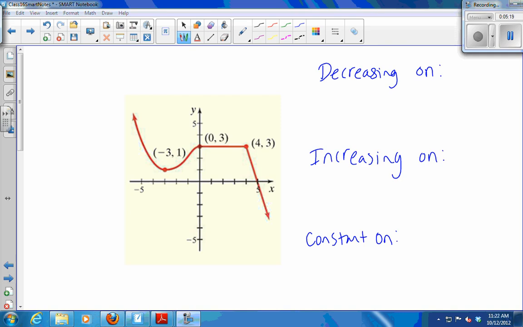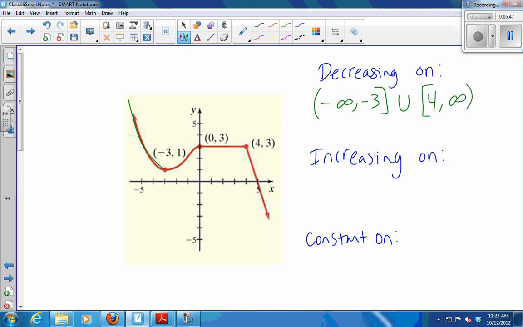Okay, where is this function decreasing? Negative infinity to negative 3. Yep. So this part of my function is decreasing. And I only give x values. So negative infinity to negative 3. Where else? 4 to infinity.